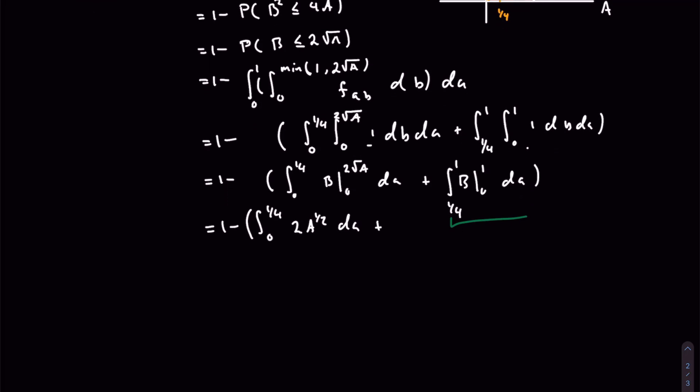So this thing here will be 1/4 to 1, and then we have a 1 in here once we have set b to 1 again.